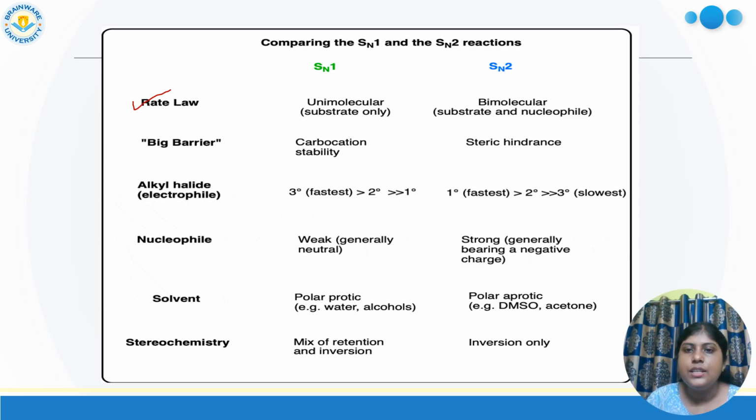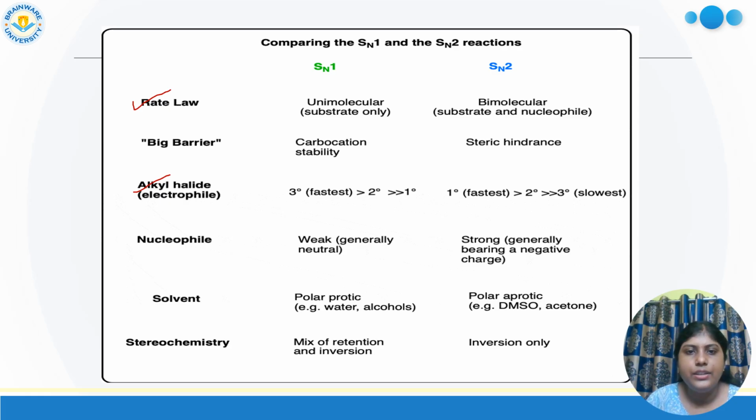In case of SN2 reaction, steric hindrance of the alkyl group is very important because if the alkyl group has bulky size, then it is very difficult for a nucleophile to approach the carbon center.